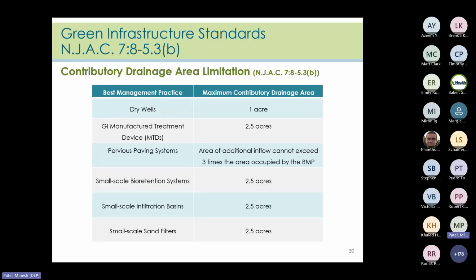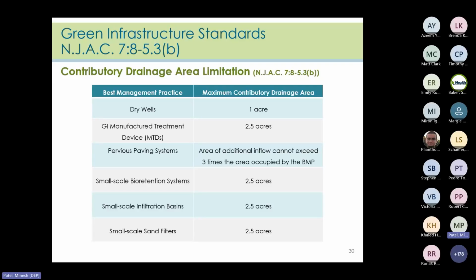As you can see, the column on the left includes the name of the BMP, and the column on the right includes the maximum contributory drainage area. So for example, if you are using a dry well, the maximum contributory drainage area is going to be 1 acre, MTDs 2.5 acres, and so on.